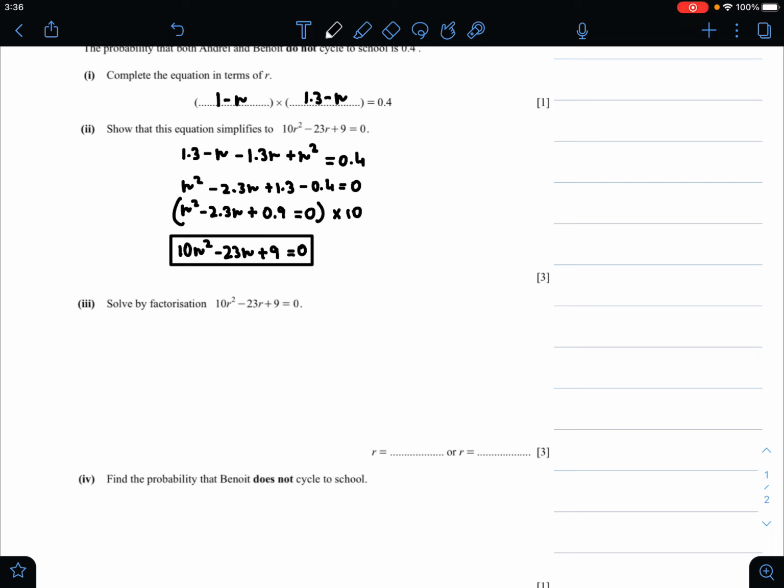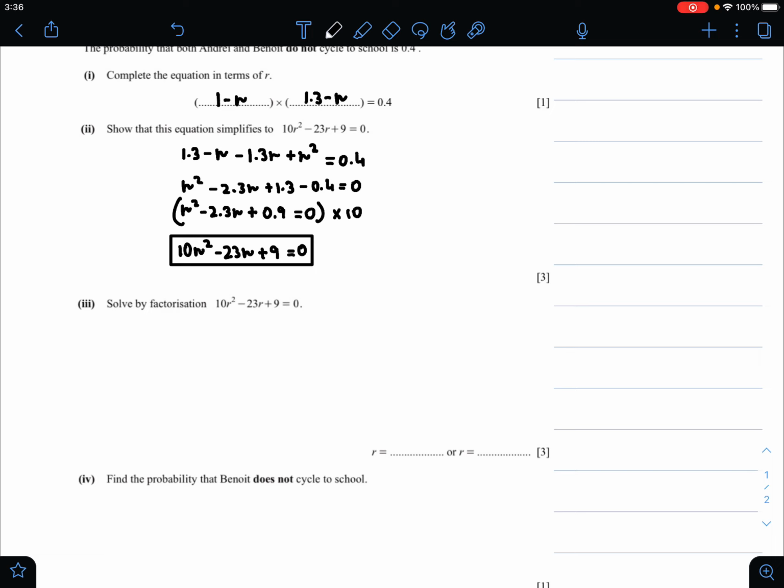Now we have to find two numbers that give us a sum of negative 23 and a product of 90. We do that by trial and error.